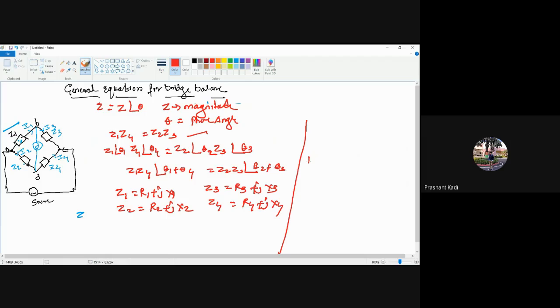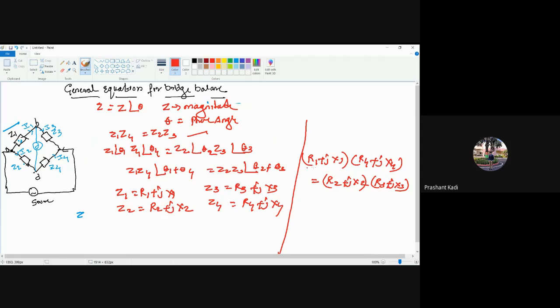R1 plus JX1, which is Z1, multiplied by Z4, which is R4 plus JX4, equals Z2, which is R2 plus JX2, into Z3, which is R3 plus JX3.